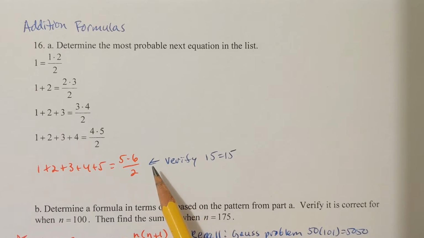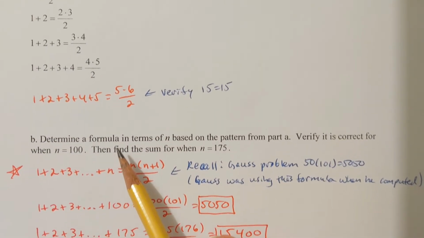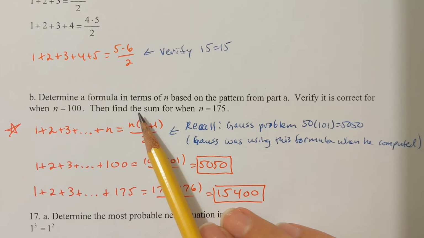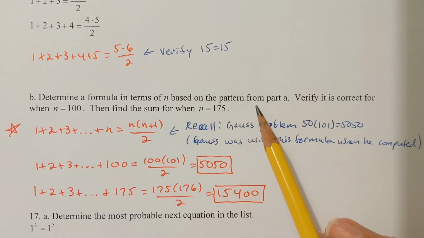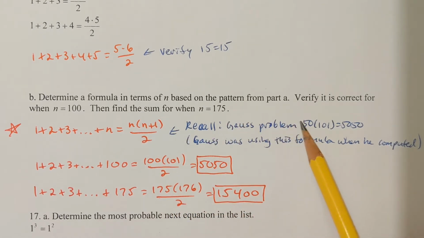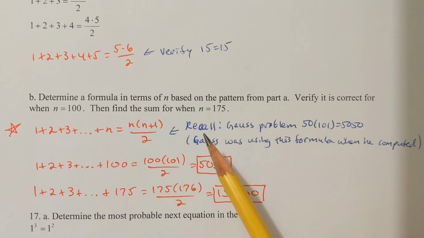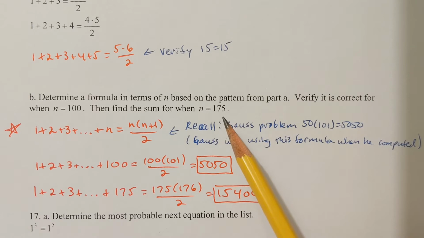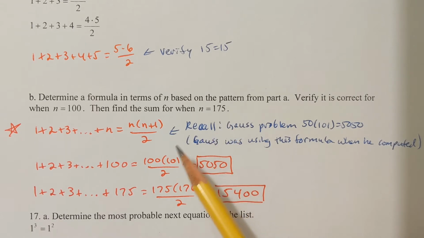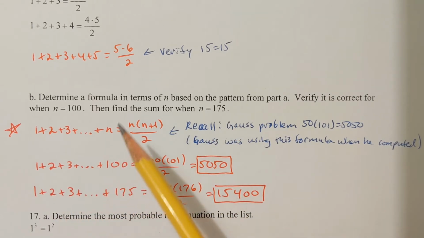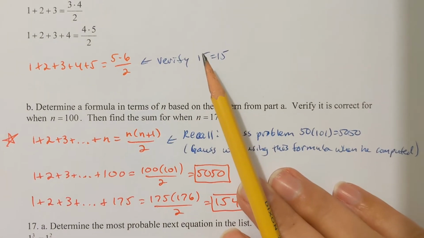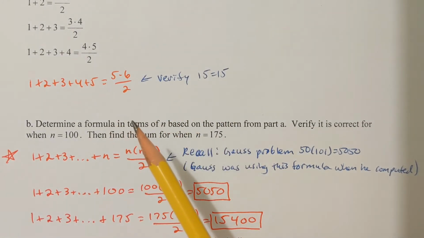Okay. Part B is where I want to determine a formula in terms of n based on the pattern from part A. Verify that it is correct when n is 100, and then find the sum when n is 175. So if I come up with a formula representing what I'm doing here, it looks like I'm adding a bunch of counting numbers.